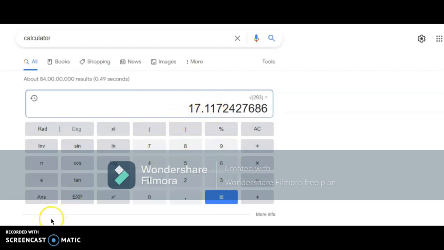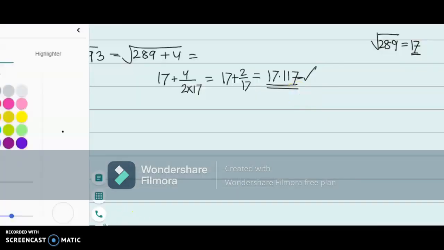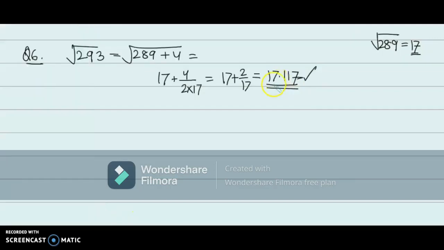So now check the answer that we have got, and as you can see we have got the same answer, 17.117. So this is a very dependable shortcut and you can use it in your exam to calculate these types of questions quickly and in very short time.